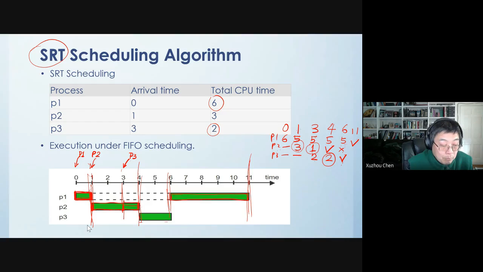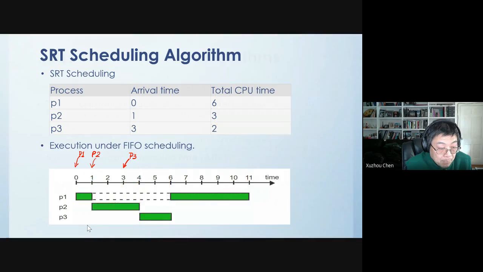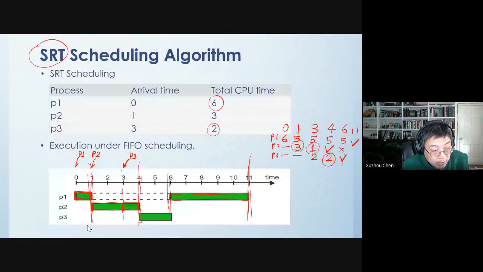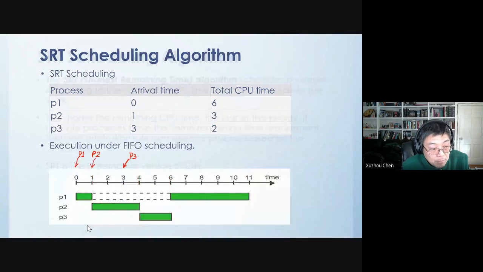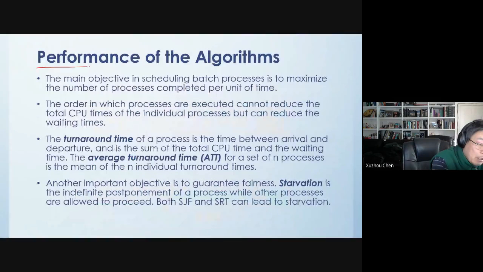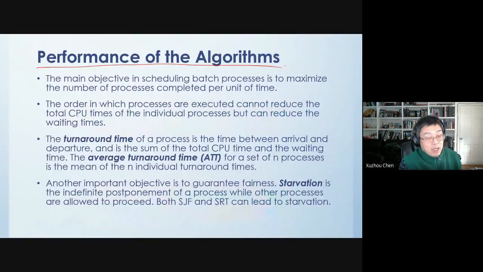Okay. Any questions on this? So these are 3 different algorithms. And now the next one, that's the important one. We're going to talk about the performance of the algorithm. Which one is better? Which one is the best?